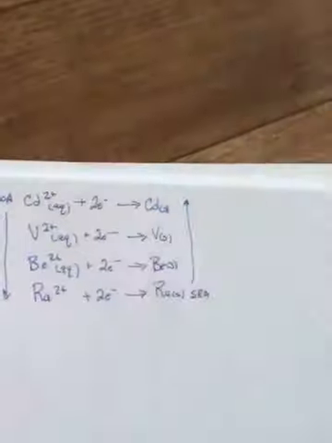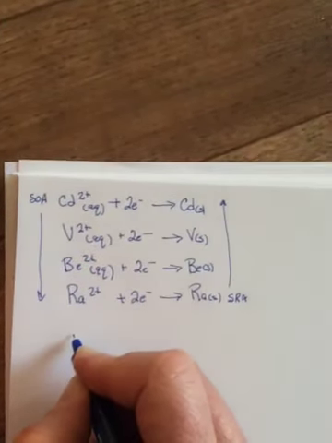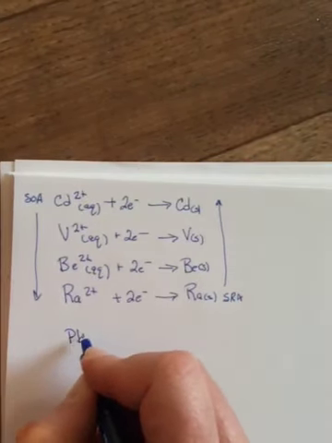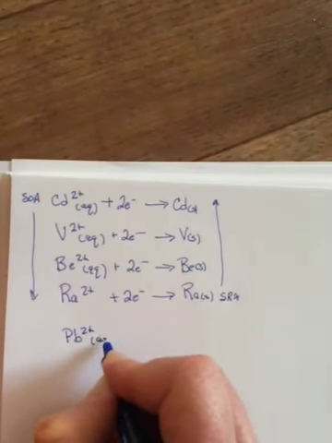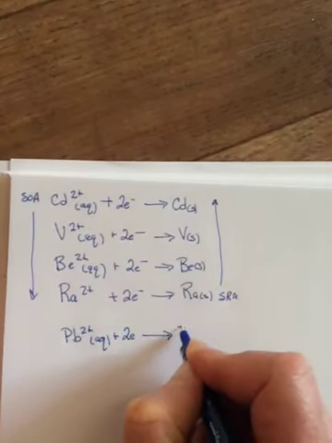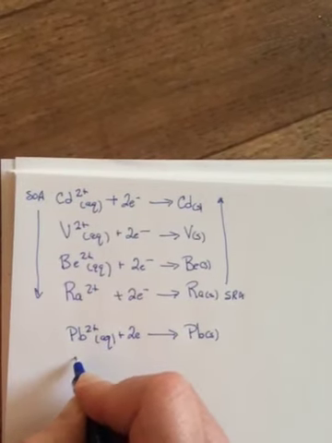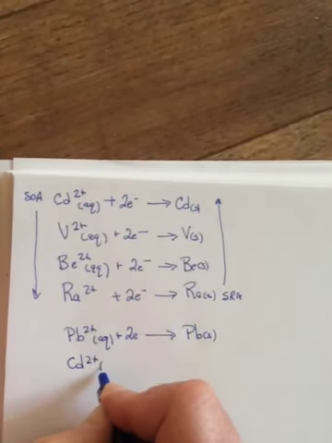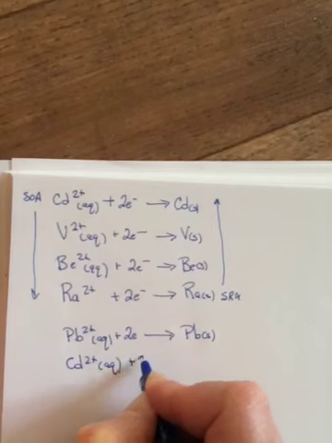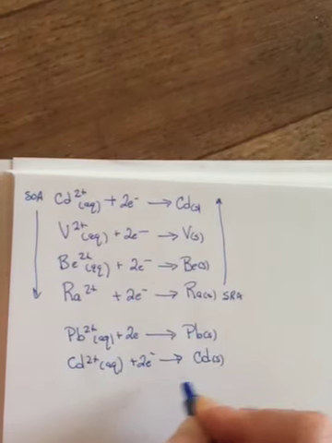Okay, so we're going to start, and I'm just going to do it down here. We said lead was first: Pb2+ aqueous plus 2 electrons going to Pb solid. Then next was Cd2+ aqueous plus 2 electrons going to Cd solid.